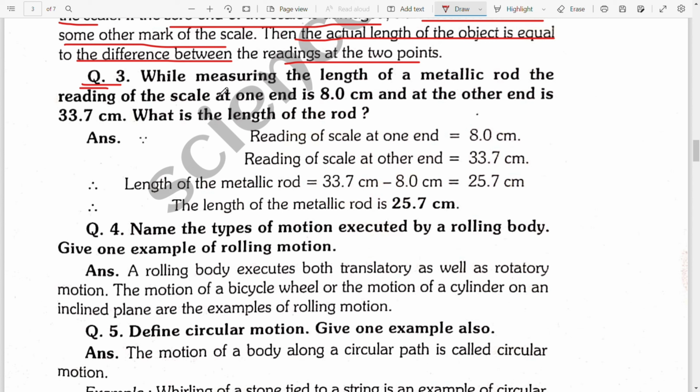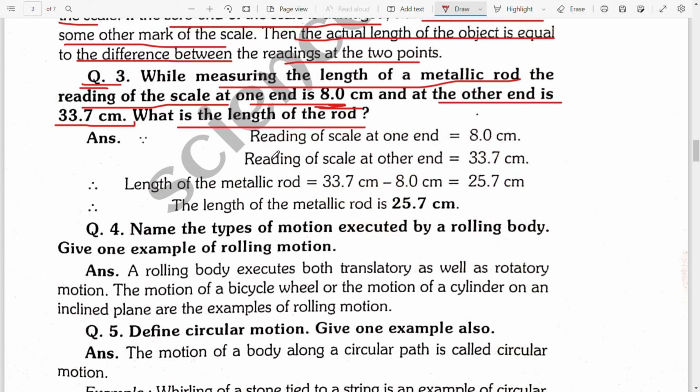Question is, while measuring the length of a metallic rod, the reading of the scale at one end is 8.0. ठीक है, रीडिंग ऑफ द स्केल एट वन एंड इज 8.0. रिमेंबर दिस, सेंटीमीटर्स, एंड एट द अदर एंड इज, remember this point also, at the other end it is 33.7 centimeter. You have to calculate what is the length of the metallic rod.